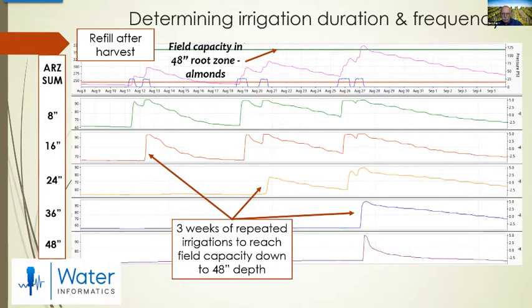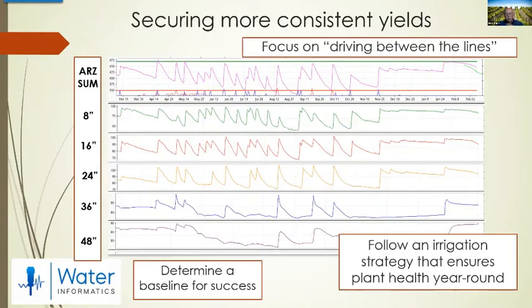It jumped up, came down, and then leveled off. So this is a perfect example of what we're trying to talk about. We've got the ARZ sum, which means the active root zone. You can see the green line at the top, the red line at the bottom.